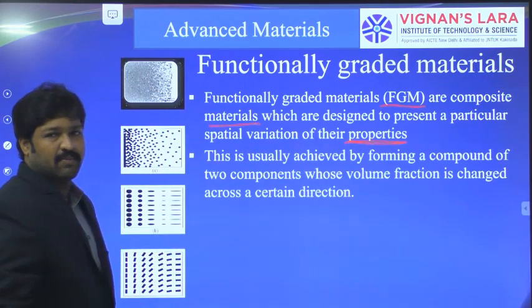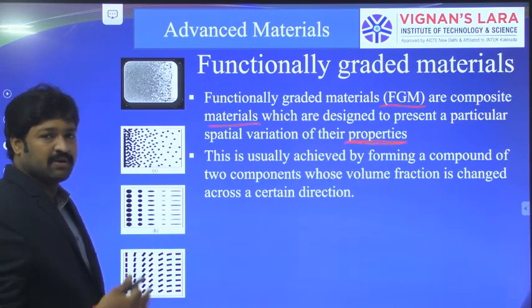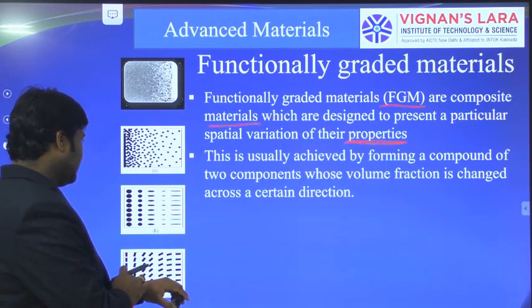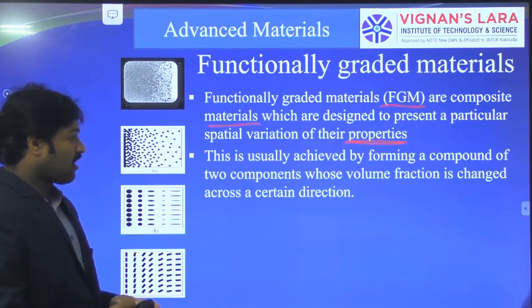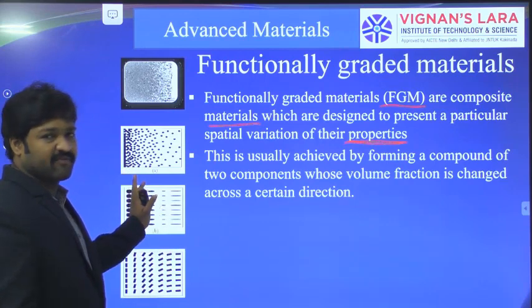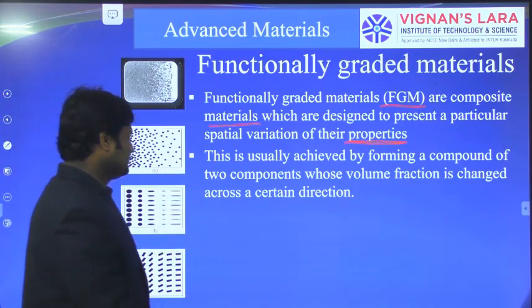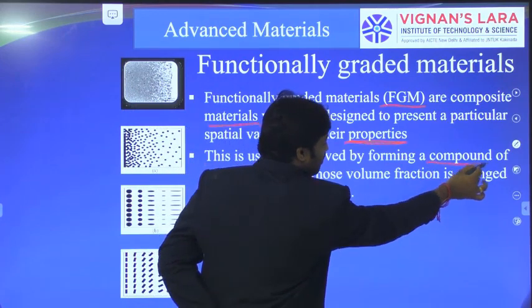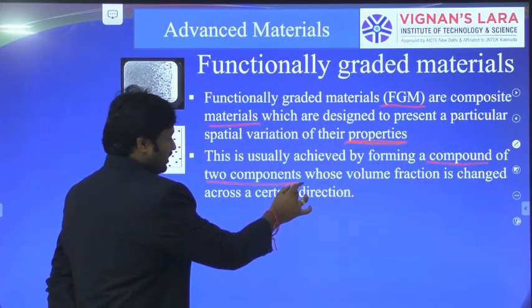To get the desired variation of the properties, we are preparing functionally graded materials. This is usually achieved by forming a compound of two components.